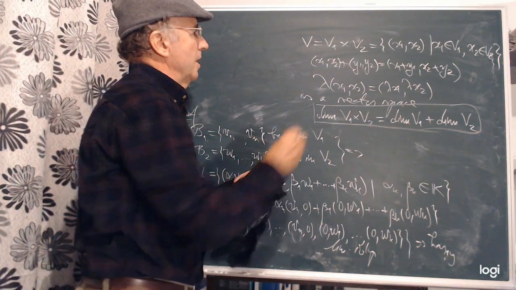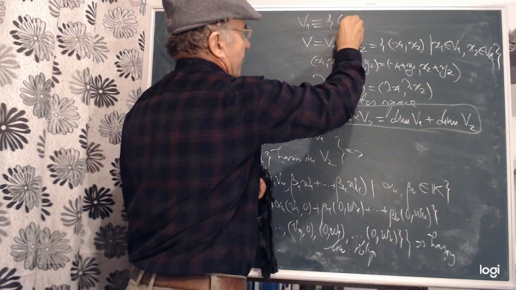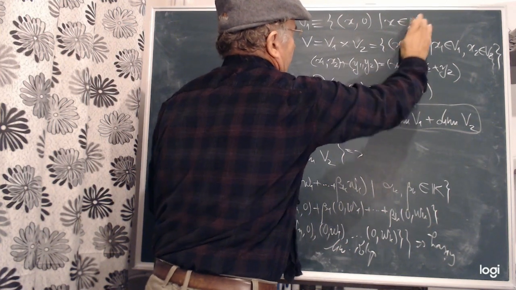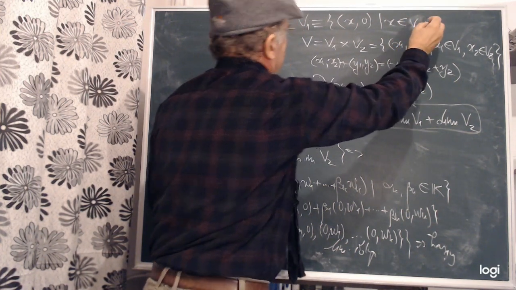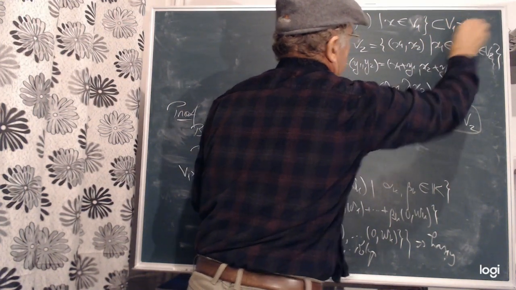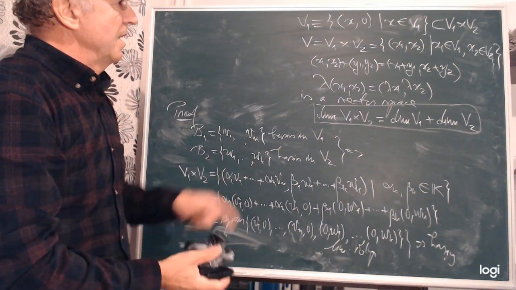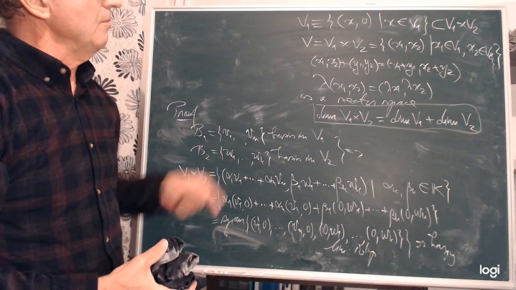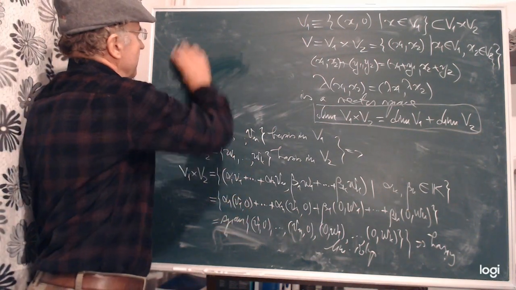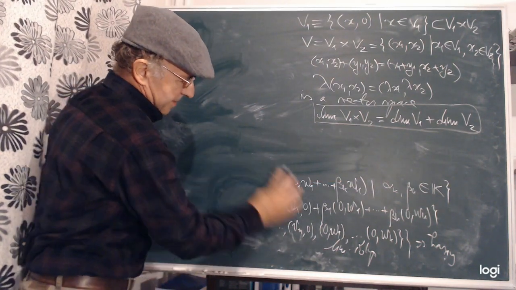V1 can be identified with all the vectors of the form (x, 0) with x from V1, and this is contained in V1 times V2, similarly V2, and then V is, after this identification, the direct sum of the corresponding subspaces.